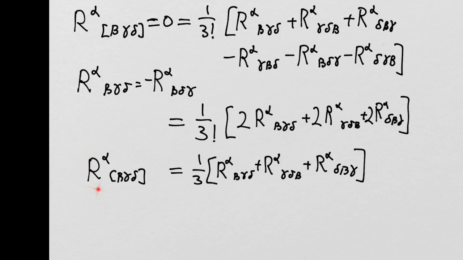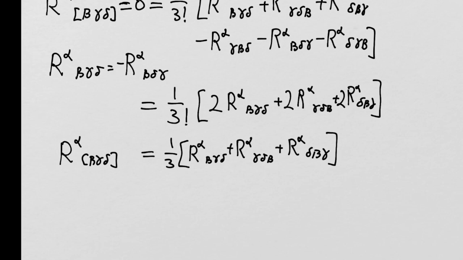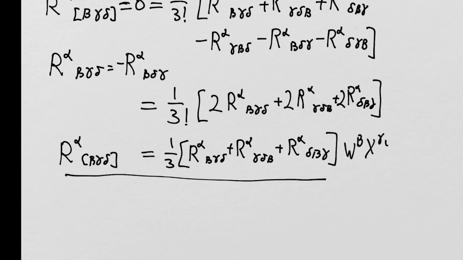So we still have to prove that this is true. So how might we proceed? Well, let's look at this expression. If I were to take it and operate it on three vectors, say w beta, x gamma, y delta, like that, then what would happen?